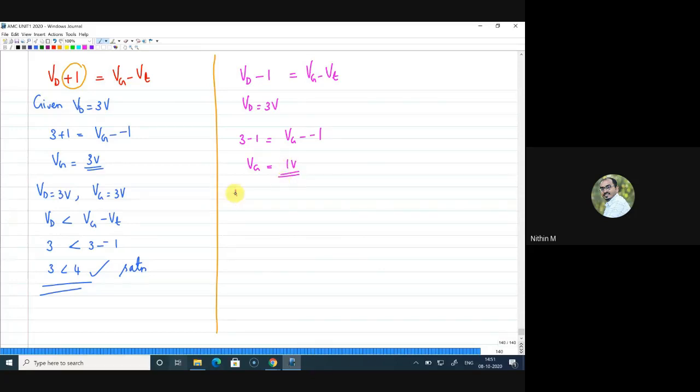Given VD equal to 3 and VG equal to 1, if I check the saturation condition, 3 is less than 1 minus minus 1, so 3 is less than 2, which is not true. I'm just pausing here. Are you getting what I have done? It is given that the transistor is biased 1 volt from the edge of triode region, and I have taken that 1 volt from the edge as VD plus 1. It is not VD minus 1, because that will result in a wrong conclusion.